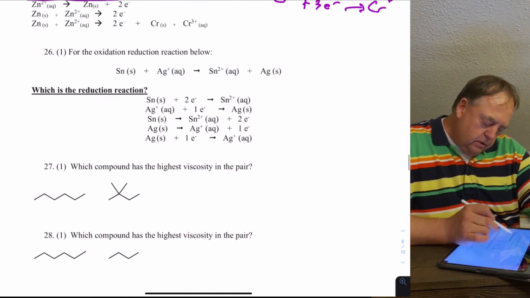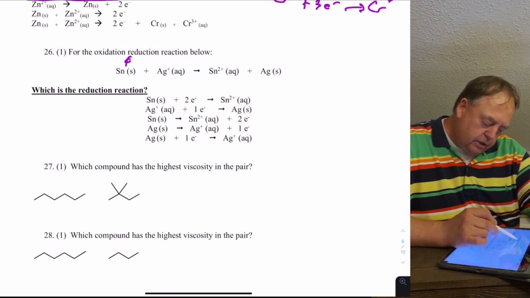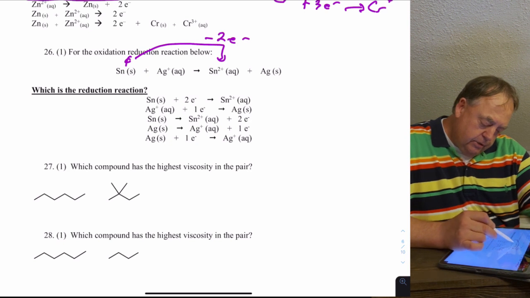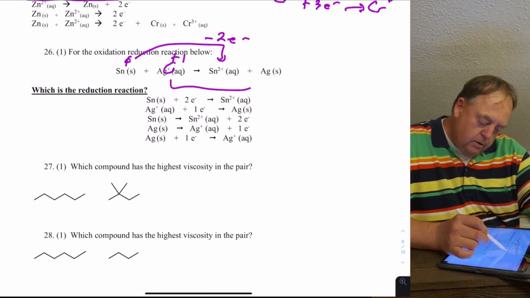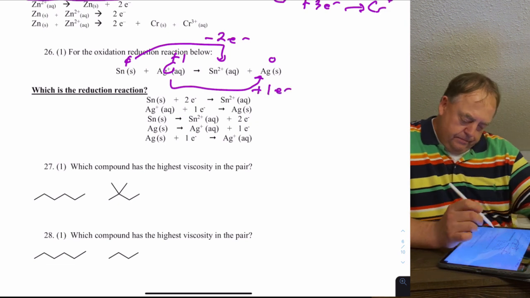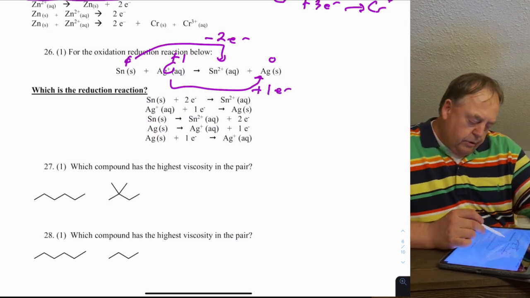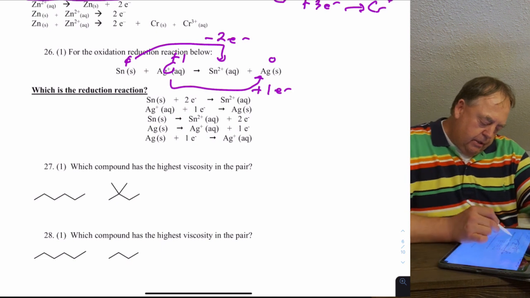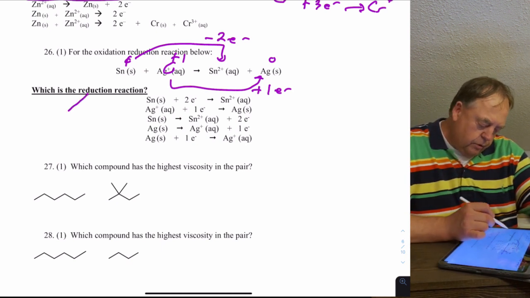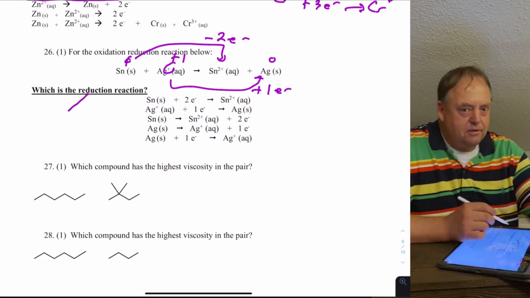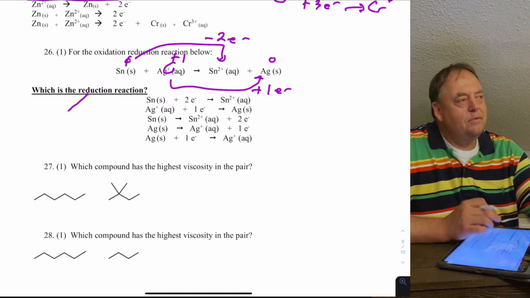Okay, so for this one, another oxidation reduction, tin goes to tin 2+ by losing 2 electrons. Silver goes from +1 to 0 by gaining 1 electron. So what is the reduction reaction? Reduction is loss, no, reduction is gain. OIL RIG.